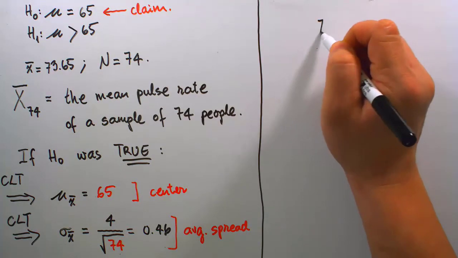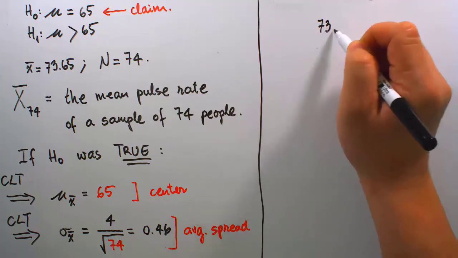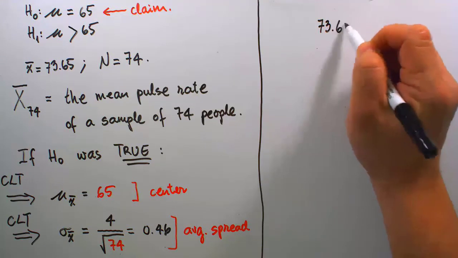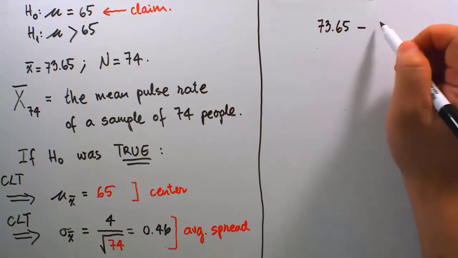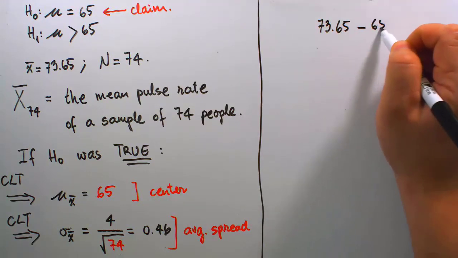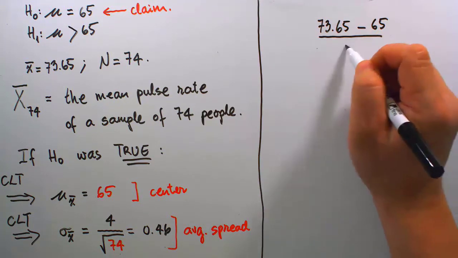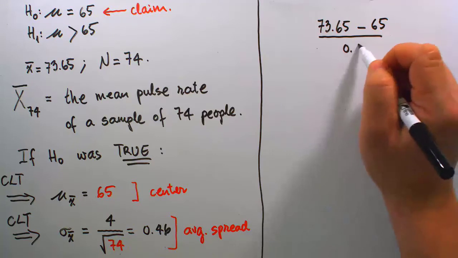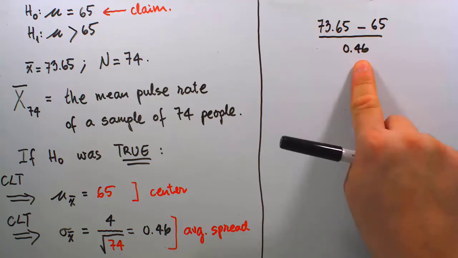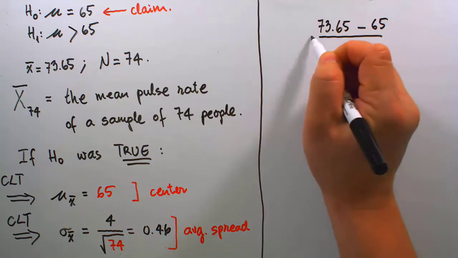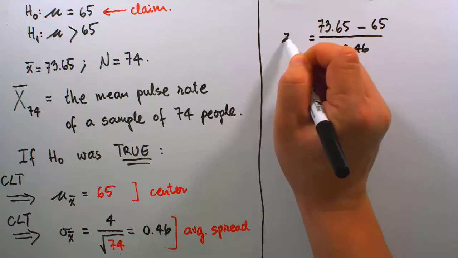So from where our sample mean value is, as one value among infinitely many other values, 73.65, I am going to subtract the mean, or the center of all sample mean values, and divide that difference by the standard deviation, 0.46. This is the standard deviation of all sample mean values. And so this work right here is getting us the z-score.